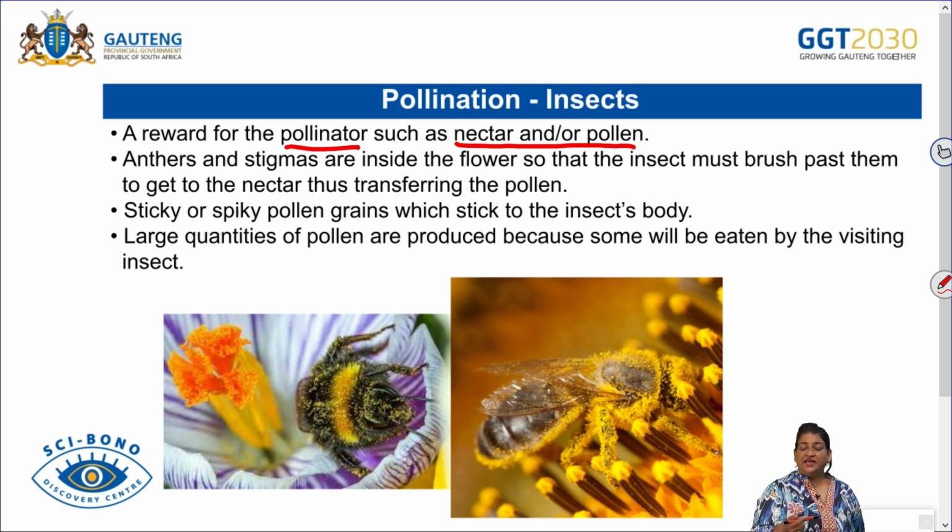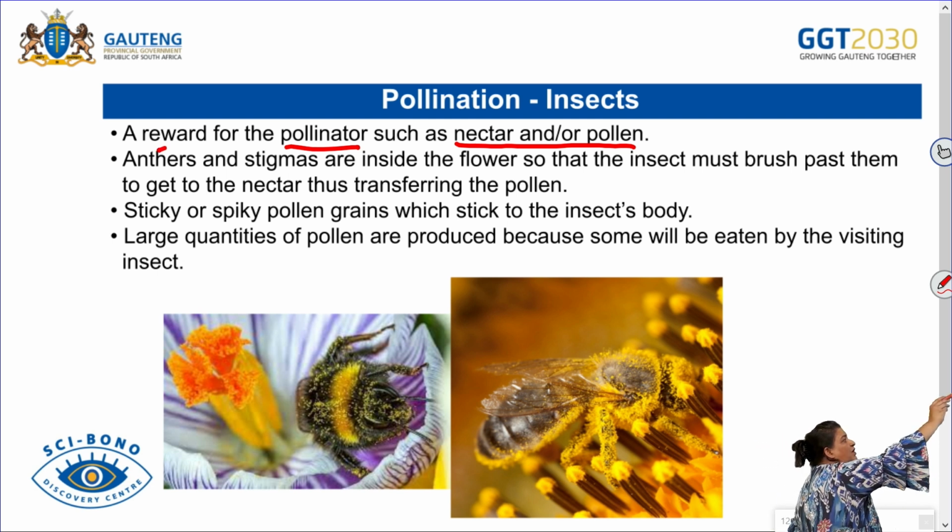So butterflies have food, right? And pollen is the butterfly's food. Also, some parts of the pollen are taken by the bee to make part of their hives. So as much as they're making honey, some of the pollen is actually used to make the combs of the hive. So, reward for the pollinator: nectar or pollen.